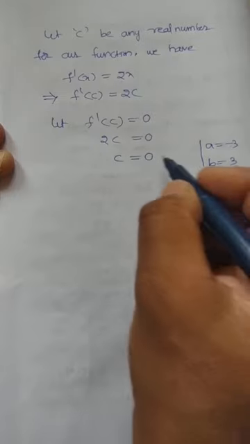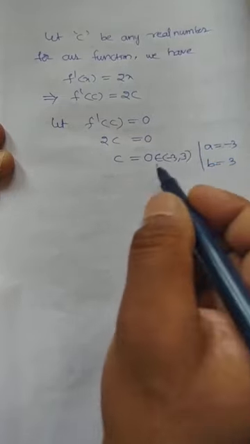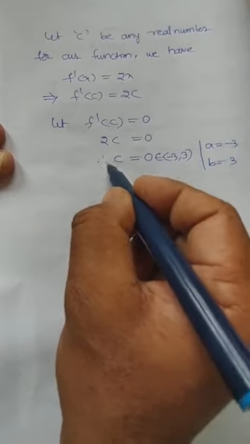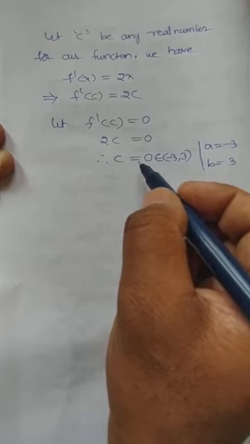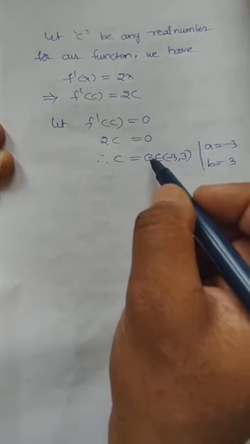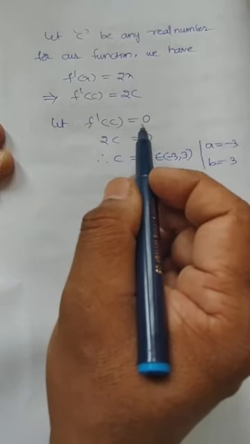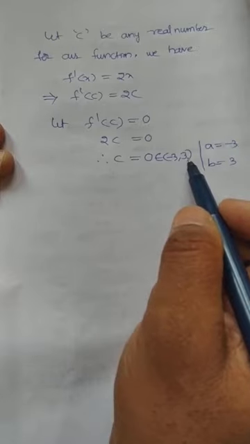Yes. It lies in between -3 to 3. So we got c is equal to 0. We have at least one c for the function f of x to have f dash of c value 0 lying in between -3 to 3.